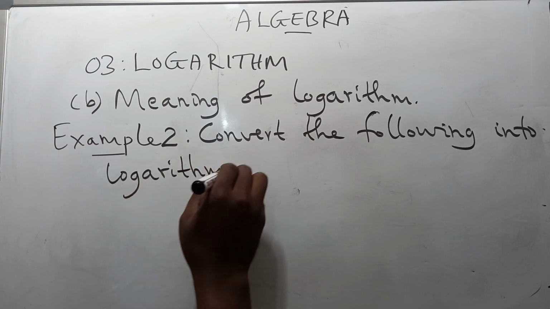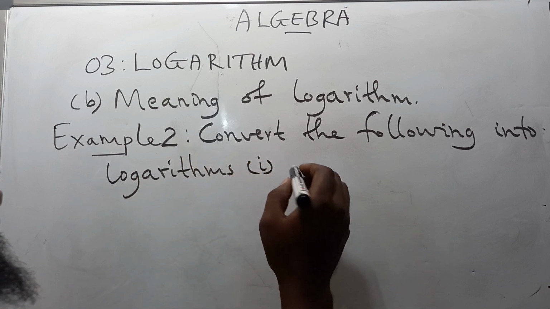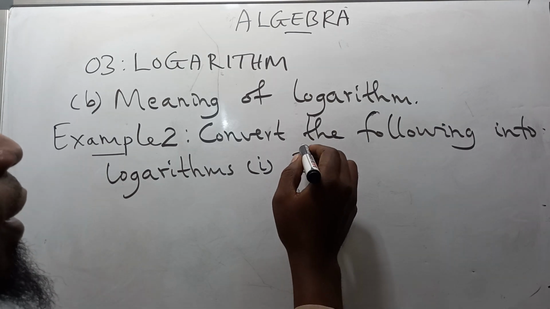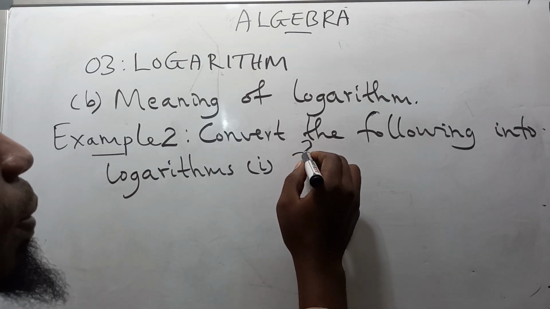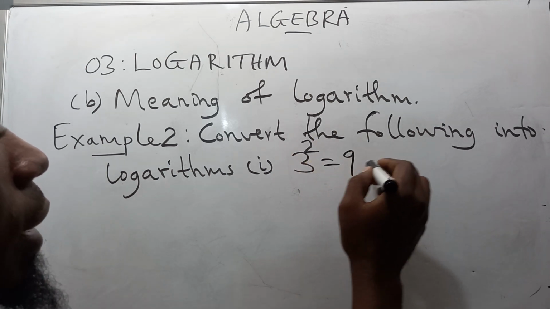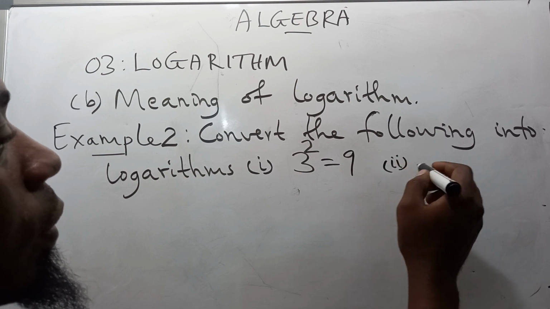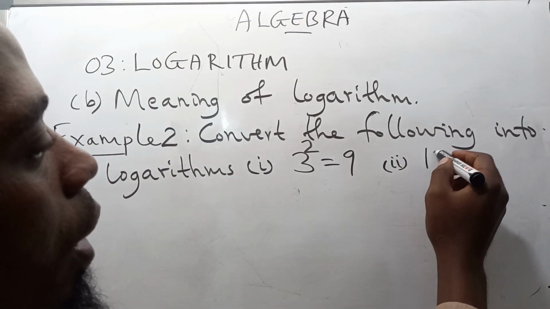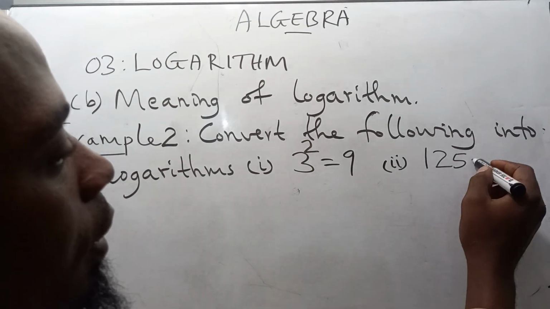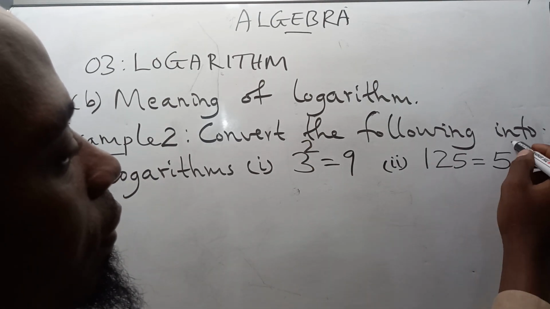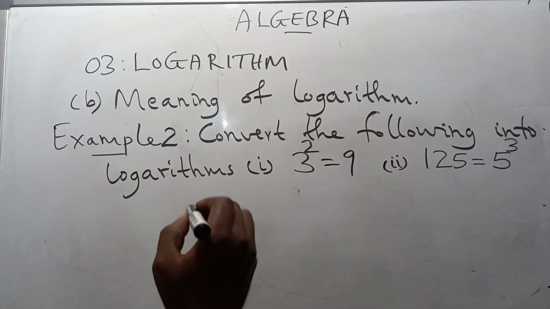Roman 1, 3 raised to the power of 2 is equal to 9. Roman 2, 125 is equal to 5 raised to the power of 3.